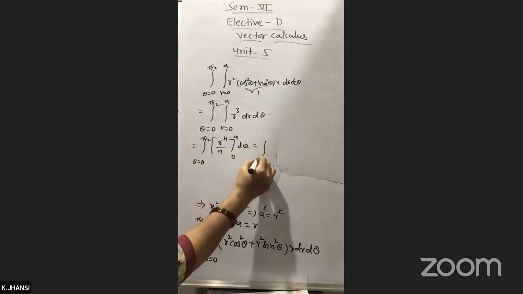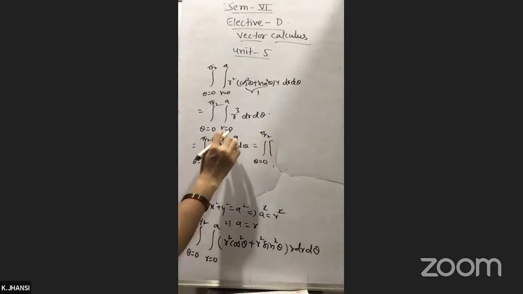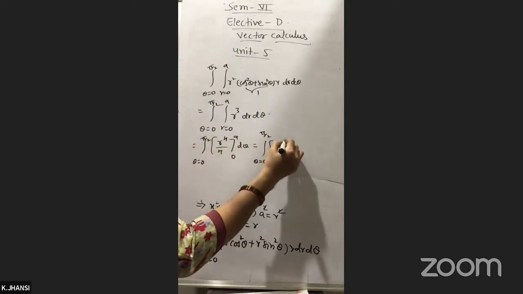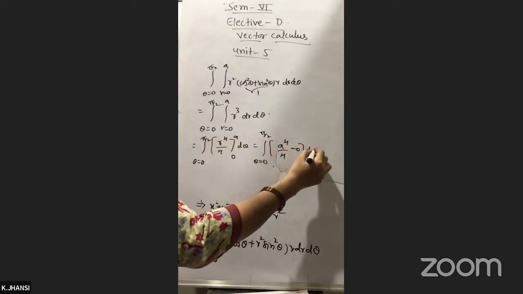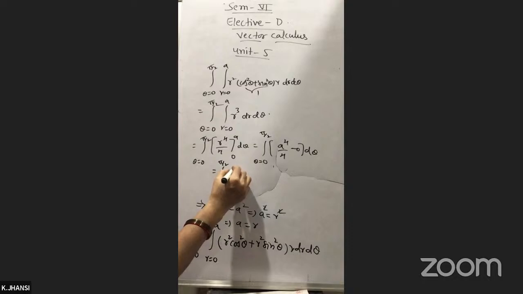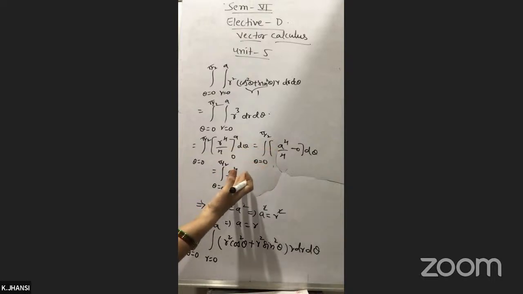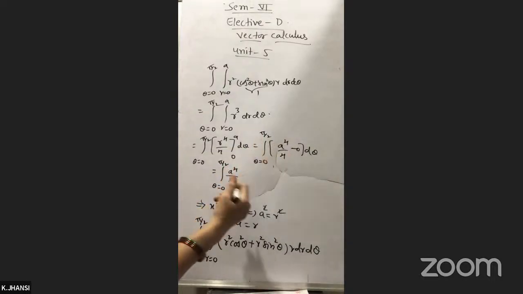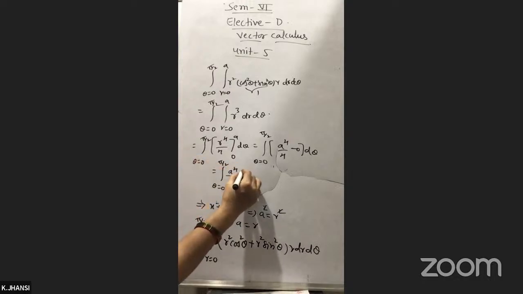So it is equals to theta equals to 0 to pi by 2. In place of r, substitute a here. That is a to the power of 4 by 4 minus 0 into d theta. So it is equals to theta equals to 0 to pi by 2, a to the power of 4 by 4. Okay. So here, any function of theta is not there. Only a constant is there, that is a to the power of 4 by 4, into d theta.